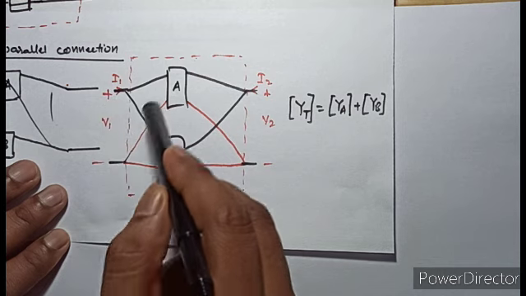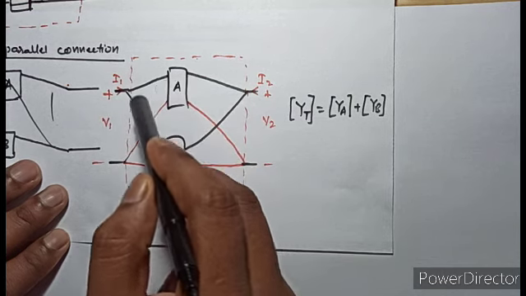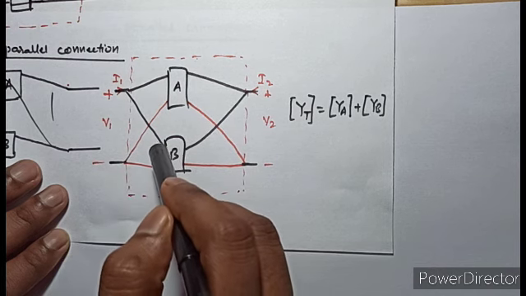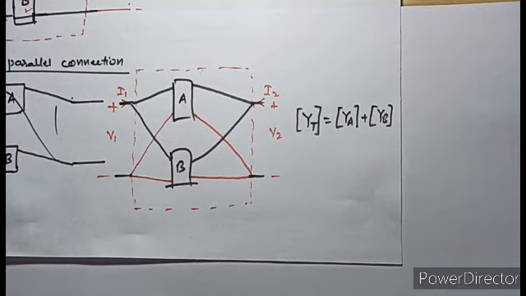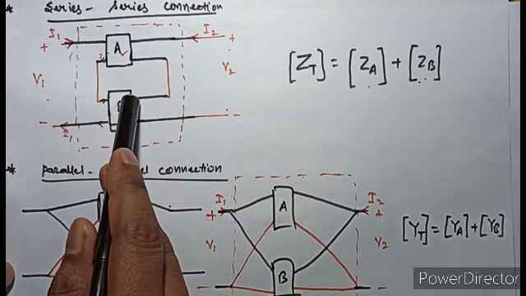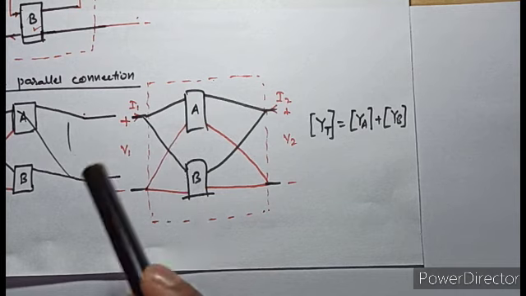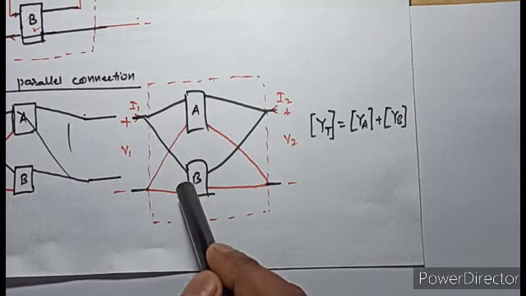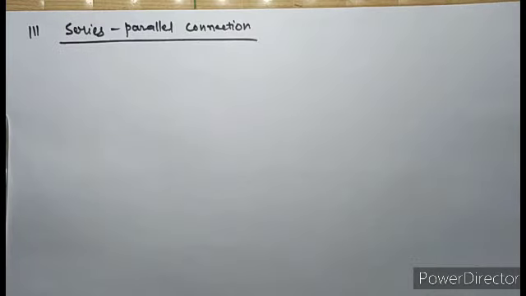Since V1 is appearing at the input port of A and V1 is also appearing at port 1 of network B. So in series connection the port currents are the same, I1 is entering, and in parallel connection the port voltages are the same. V1 is the input voltage for both the networks, right?